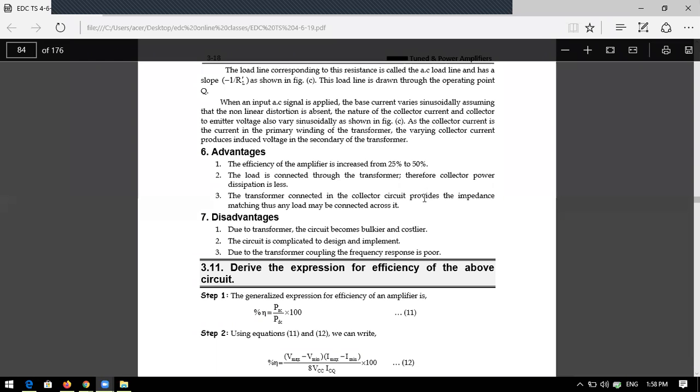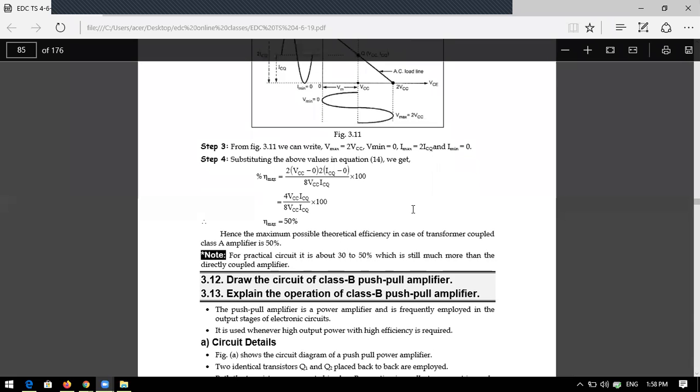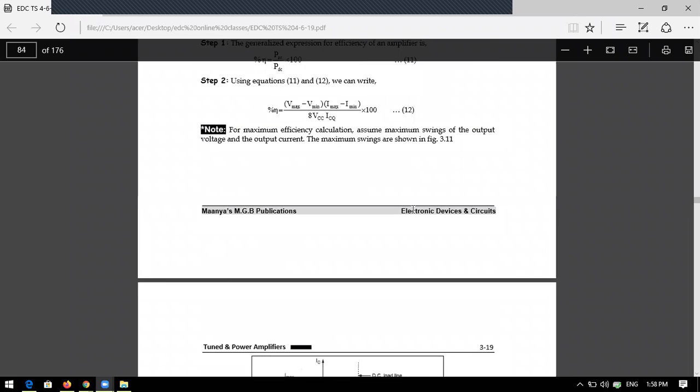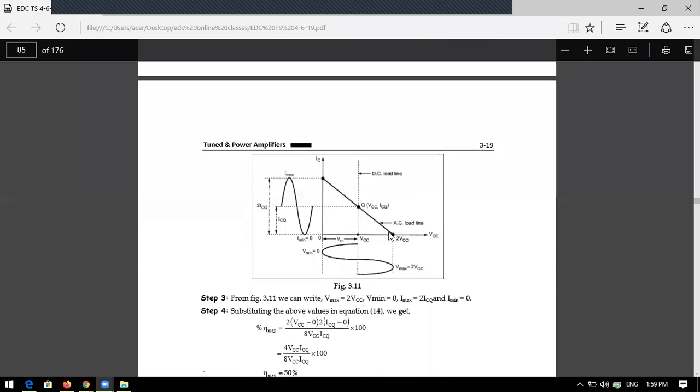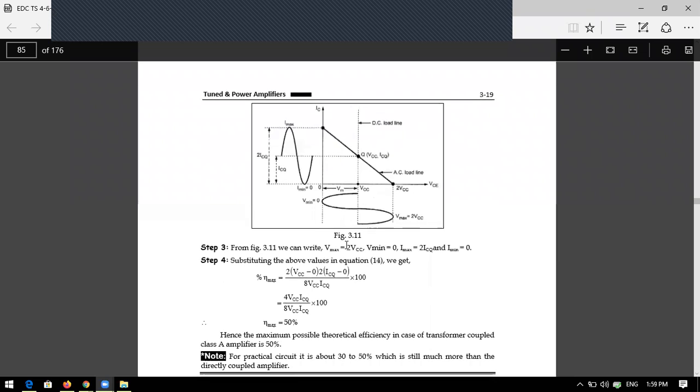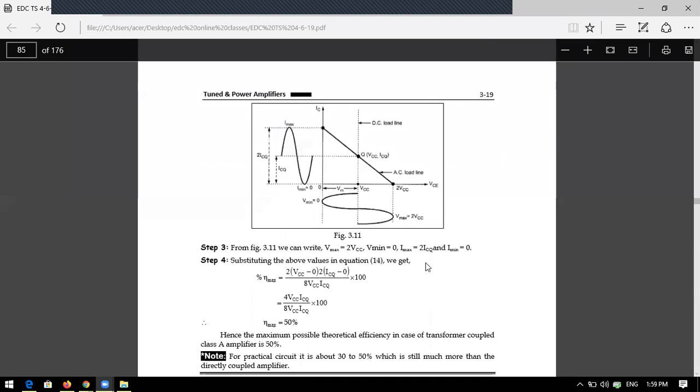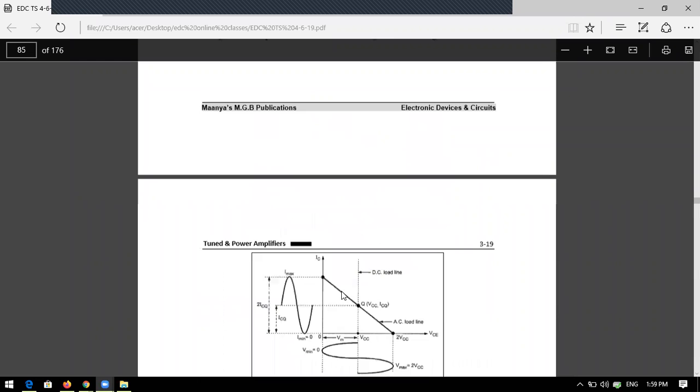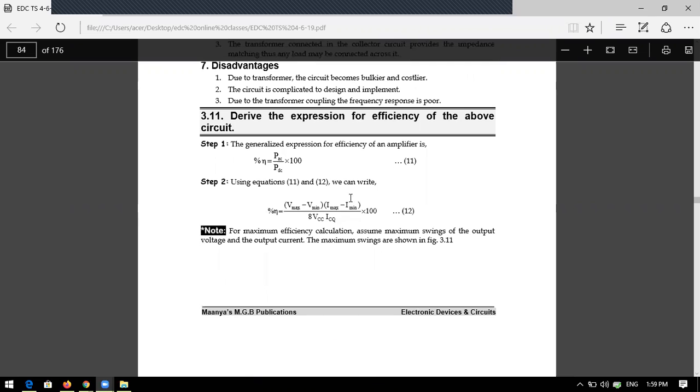Okay. If you see the efficiency, it is the same thing. If you draw the load line characteristics, Vmax is 2 VCC and Imax is 2 ICQ. V minimum is 0, I minimum is 0. So substitute in the general formula. What is the general formula? Percent efficiency equals (Vmax minus Vmin) into (Imax minus Imin) divided by 8 into VCC into ICQ into 100.